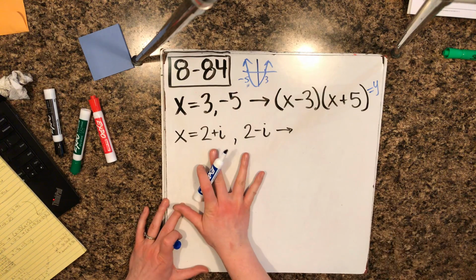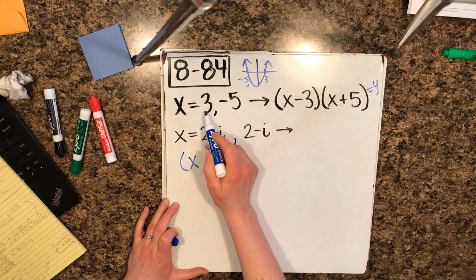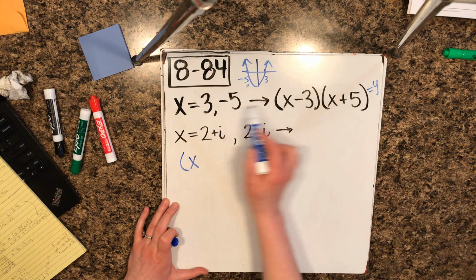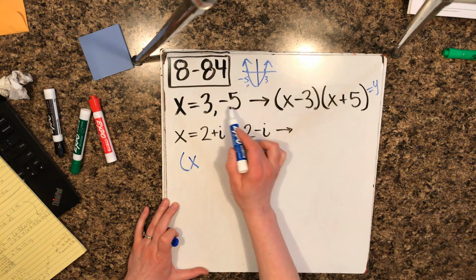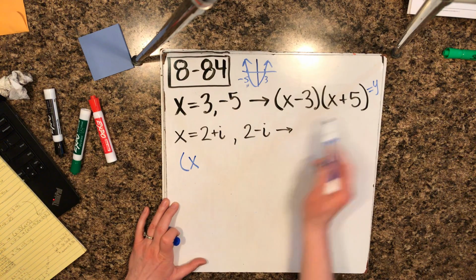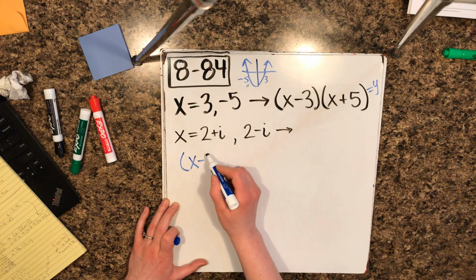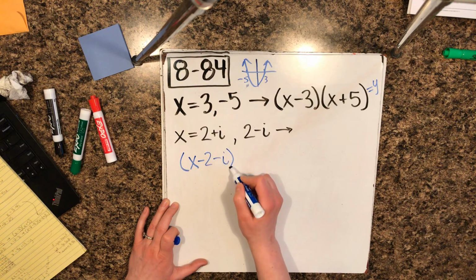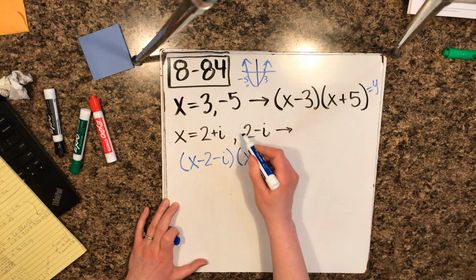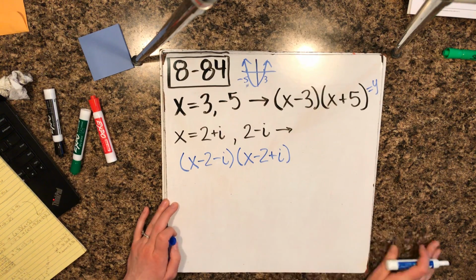So if we use the same concept here, now notice we switch signs. This was 3, so we put x minus 3. This was -5, so we put x minus a -5, or x plus 5. So I have to change the signs here. x minus 2 minus i times x minus 2 plus i. Please take your time when you're doing this step.